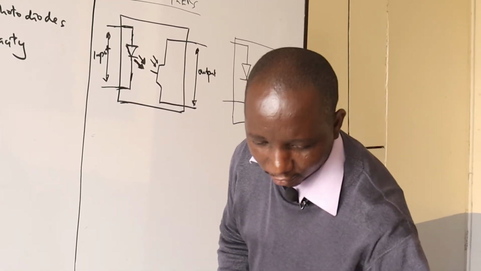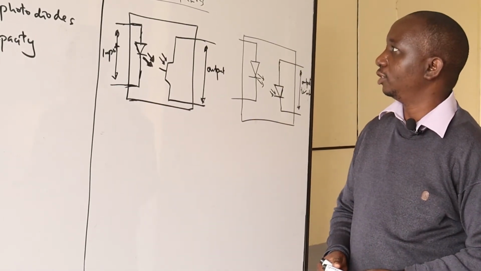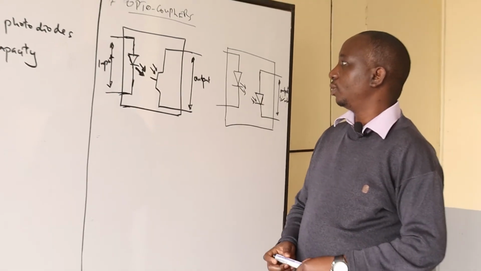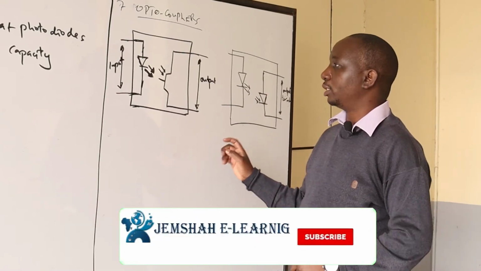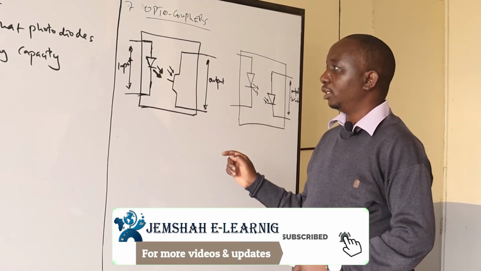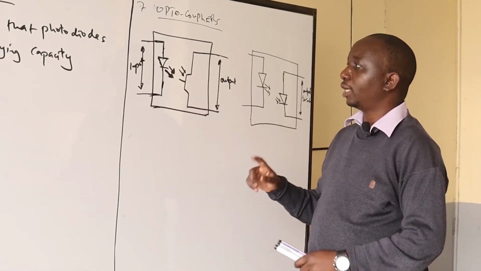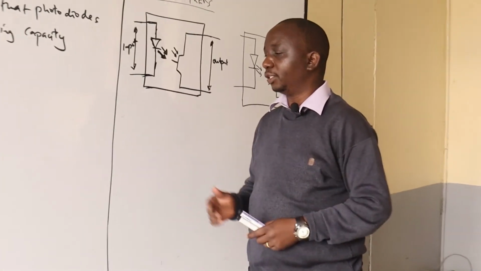So how then does it operate? When we want to control a circuit, we connect the circuit of operation on the output terminals, but we connect the signal at the input terminals so that our input signal is able to turn on. Normally this is connected between two circuits to provide isolation.